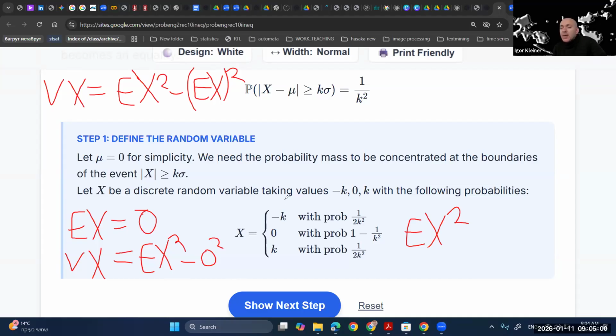By definition: minus k squared times 1 divided by 2k squared, plus 0 squared times its probability, plus k squared times its probability. So the expected value of x squared equals k squared divided by 2k squared plus 0 plus k squared divided by 2k squared, and we get 1. So variance of x equals 1. That's the reason I chose the probability 1 over 2k squared.